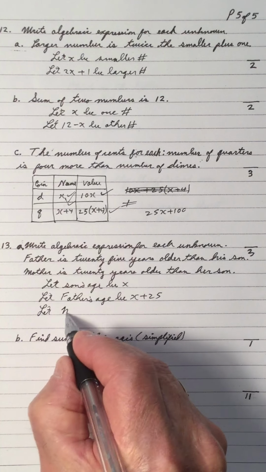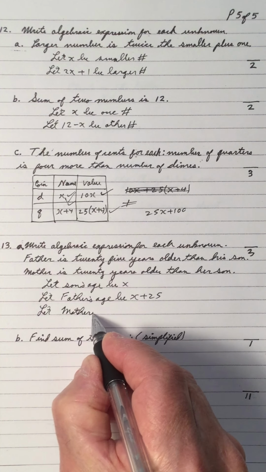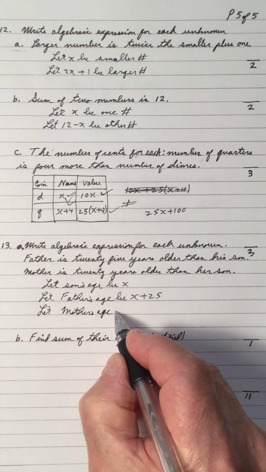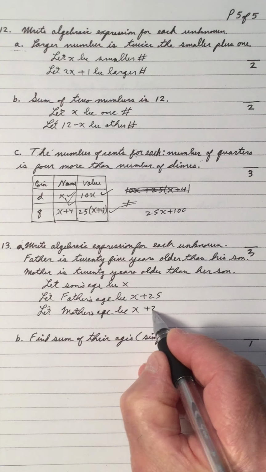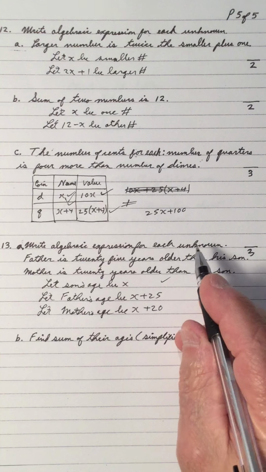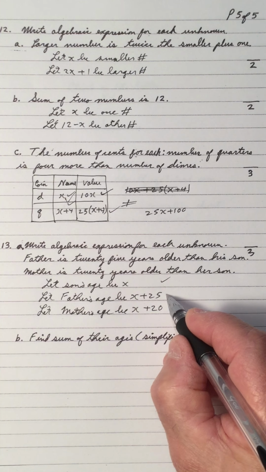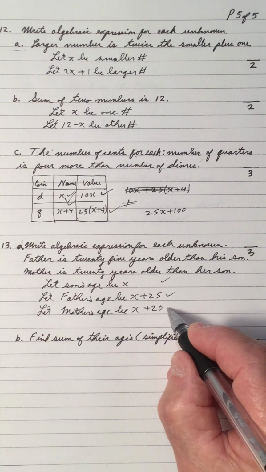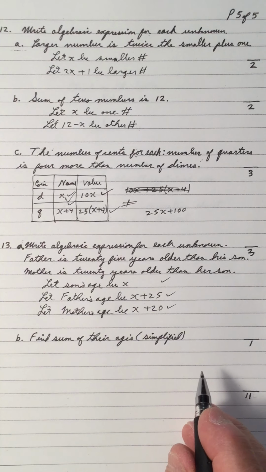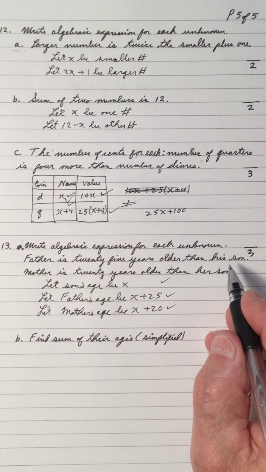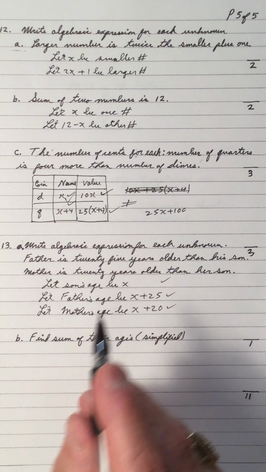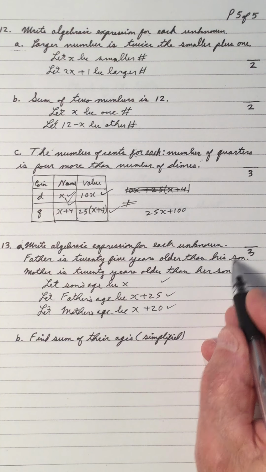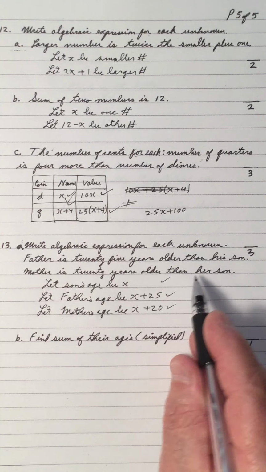And the mother is 20 years older than her son. So if you have son is X, father is X plus 25, mother is X plus 20, give yourself 3 marks. Again, I let the one that's repeated twice in each statement be X.